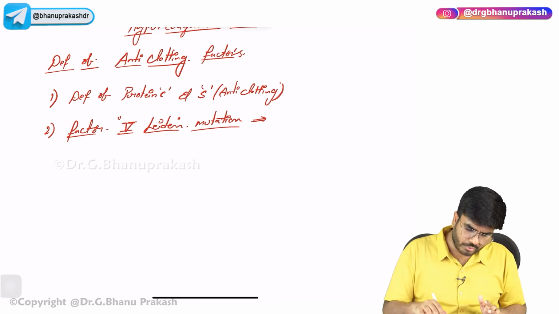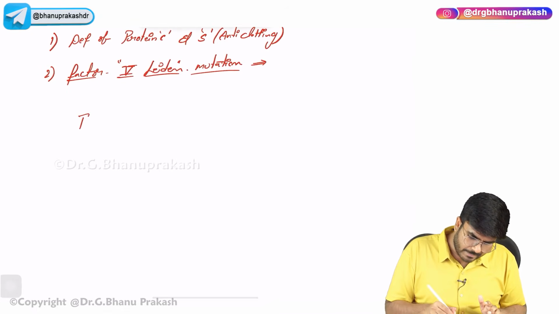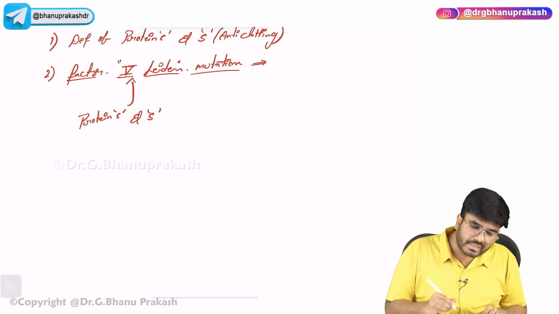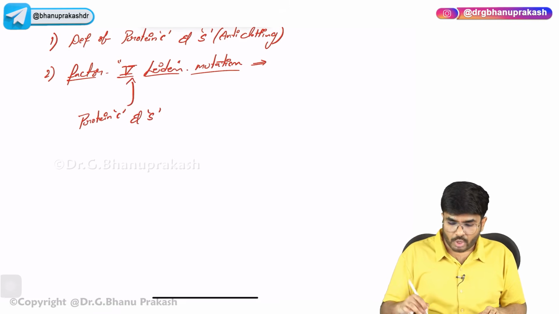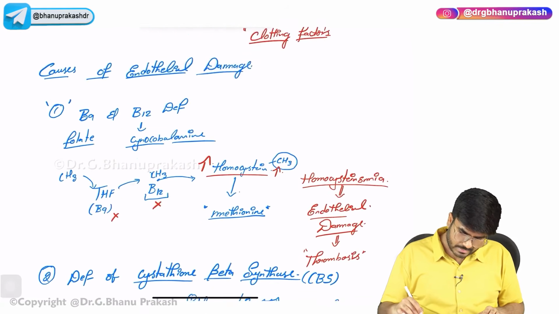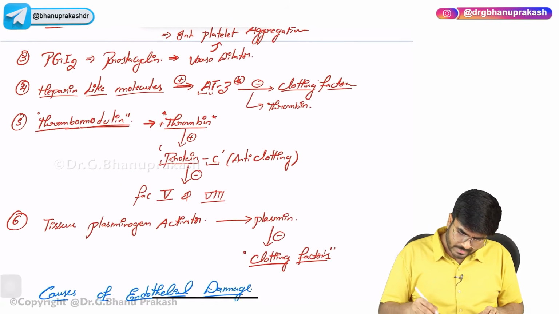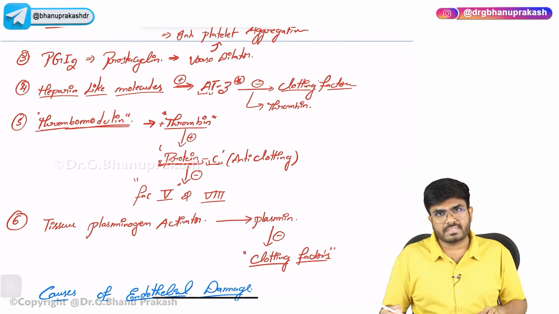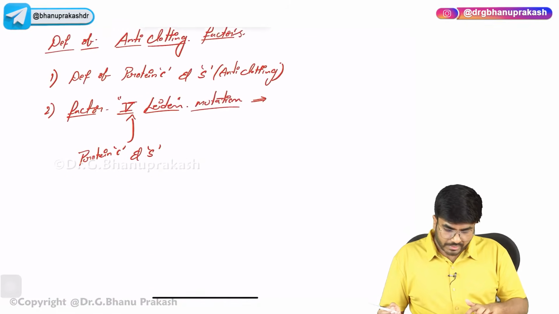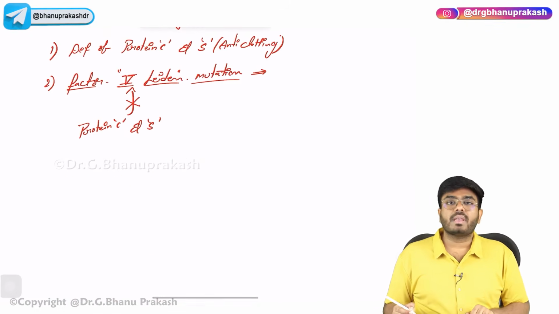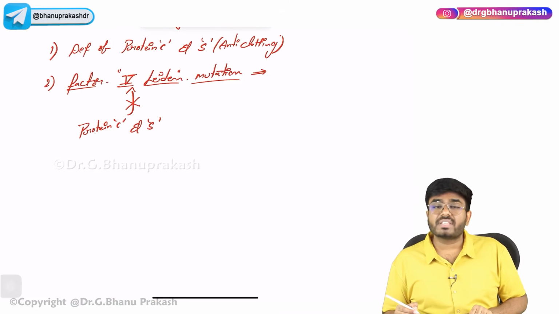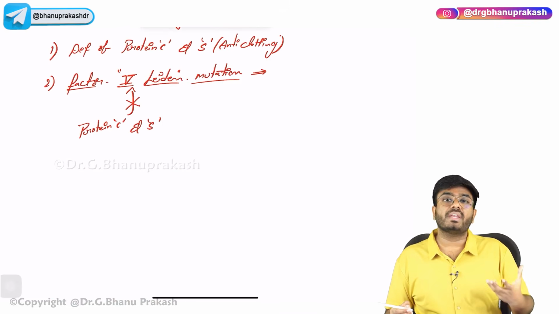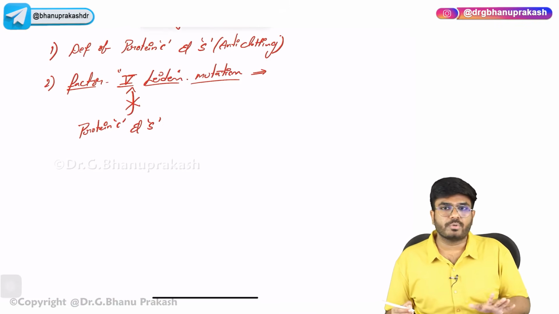So the point which I want you to know is, sir, there is protein C and S. Normally they will degrade the factor number 5. I have explained you already. For example, look here, protein C, I have explained that it degrades the factor number 5 and 8. Now, in this Leiden mutation, the factor number 5 is not getting degraded by protein C and protein S. It is resistant to degradation because of this mutation.